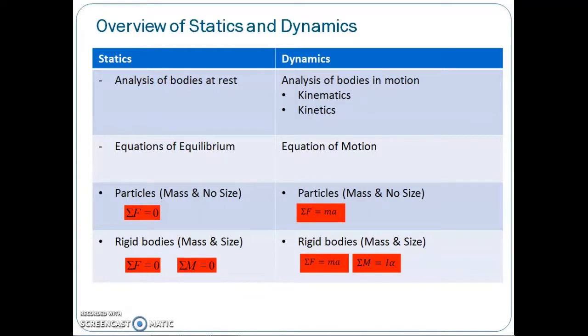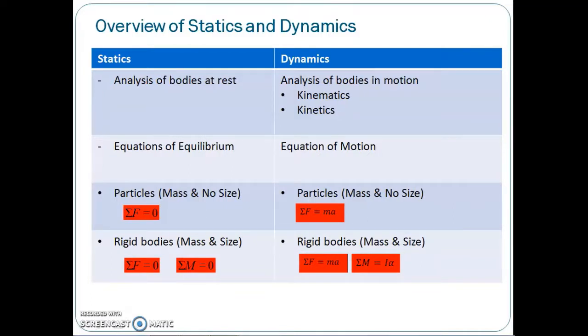So in this course, we are looking into two types of bodies. First, the dynamics of particles, followed by the dynamics of rigid bodies. Particles are not limited by size. When bodies are analyzed as particles, it means their motion as an entire unit will be considered.